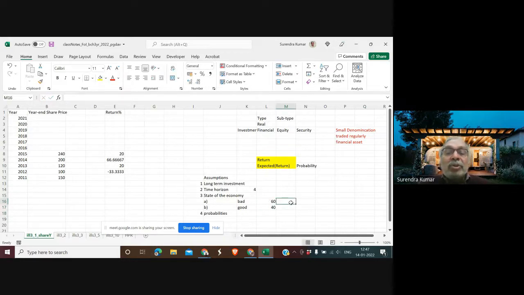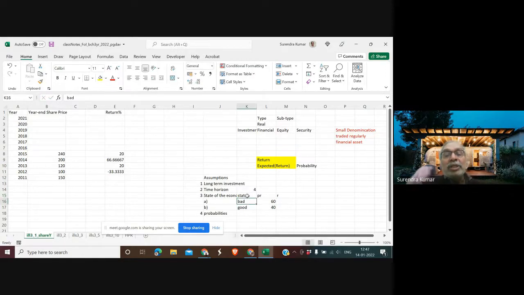Now, given these two states of the economy and the probability that you have, you need to calculate your returns. So this I am saying is the state, this I am saying is probability, and then I am saying returns.